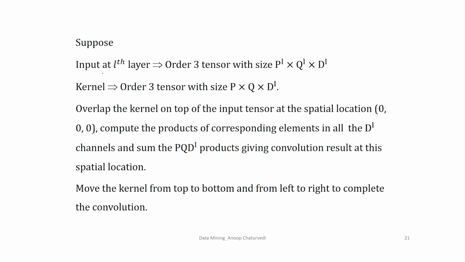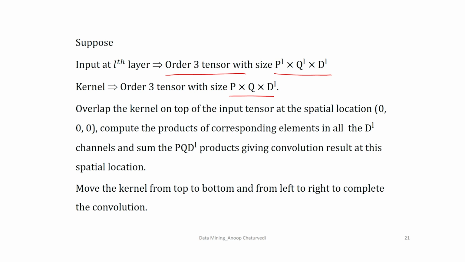Now, suppose the input at the lth layer is an order 3 tensor and the size is PL cross QL cross DL, and the kernel is an order 3 tensor with size P cross Q cross DL. Then how do we proceed? We overlap the kernel on top of the input tensor at the spatial location. You may denote it by 0, 0, the 0th location.